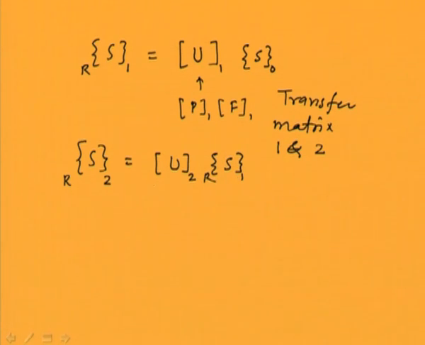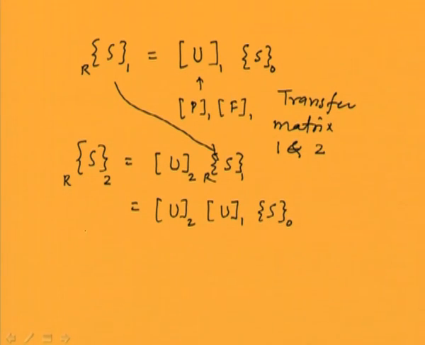And you can see that here we can substitute this. So we will have state vector 2 in terms of state vector 1, and so on. So what we have done here, we are transferring the state vector of the 0th station to the state vector to the right of 2.